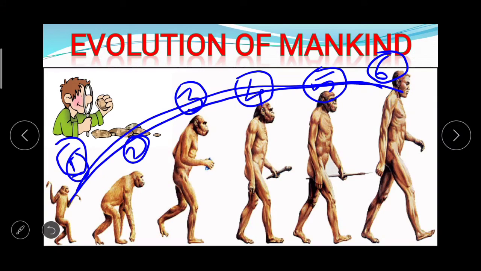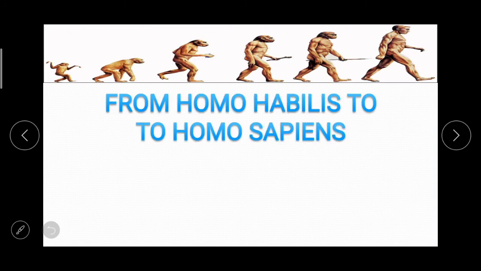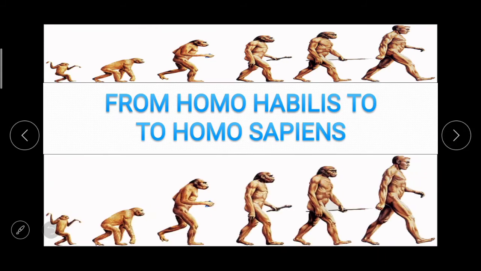So about this we are going to talk in this topic, and the subtopics which we are going to cover are Homo habilis to Homo sapiens sapiens, and Homo sapiens sapiens and civilization. So the first point of the topic is from Homo habilis to Homo sapiens, and in this the first one is about the skilled man.